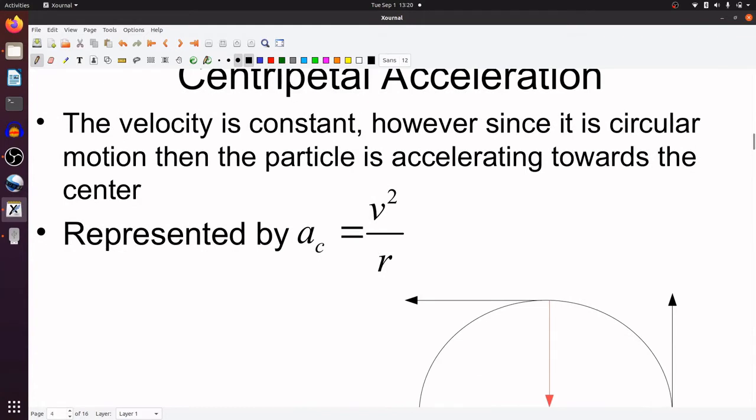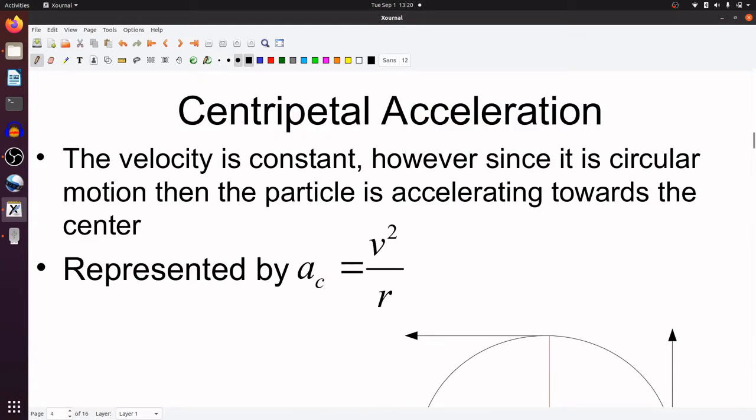Centripetal acceleration. The velocity is constant. However, since it's circular motion, the particle is accelerating towards the center. What does that mean? Well, before, we knew that acceleration always had to be a change in velocity over a change in time.